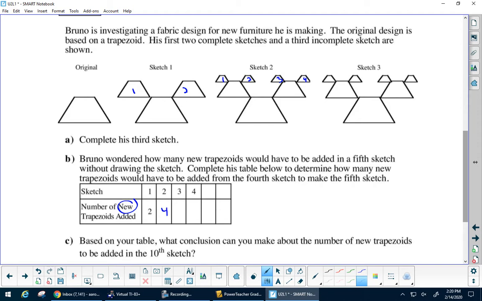Now in sketch 3, he's going to add trapezoids to every corner. And how many are there?